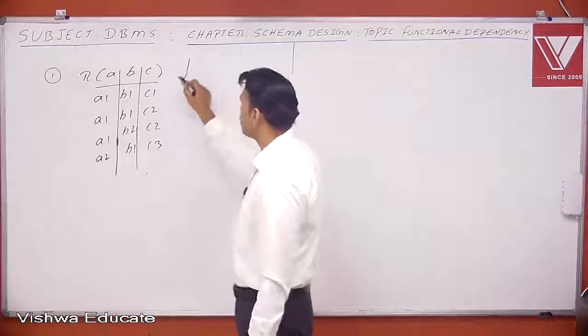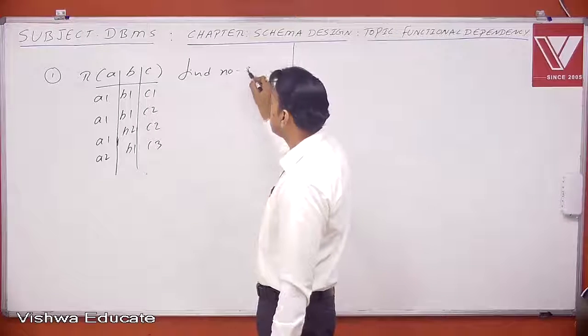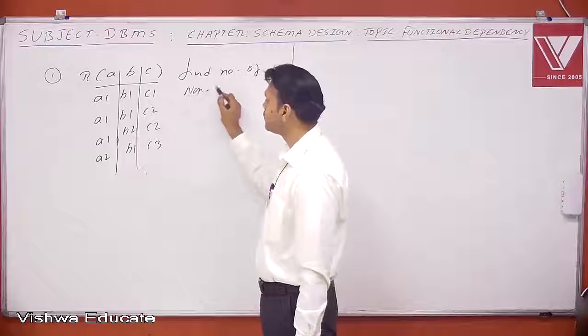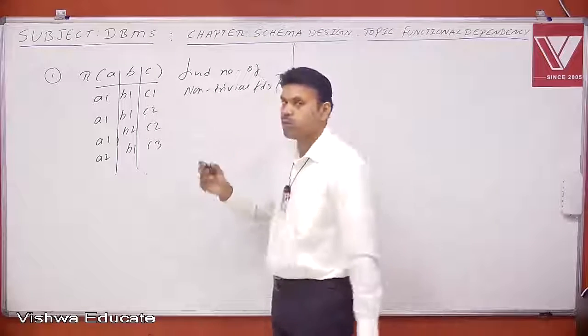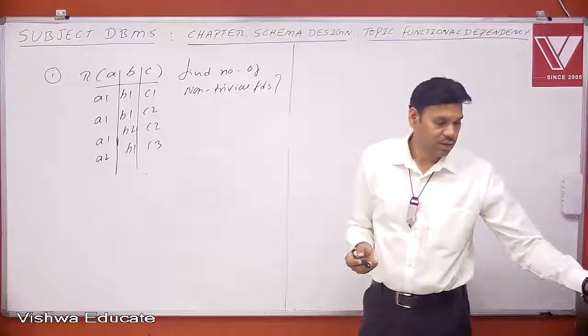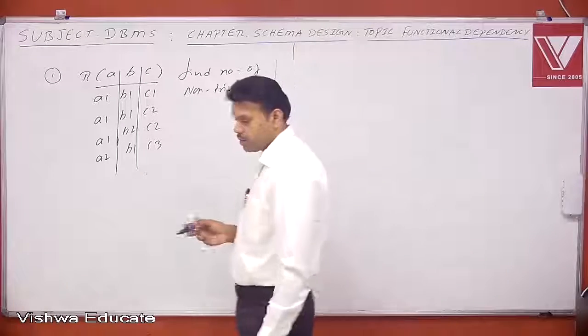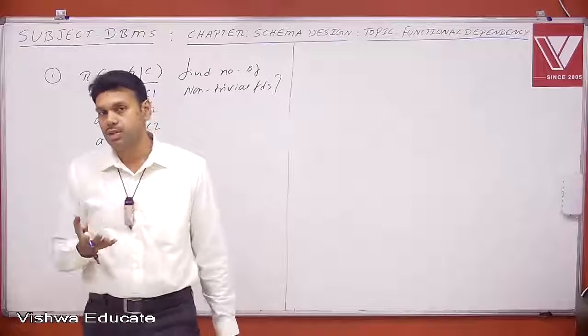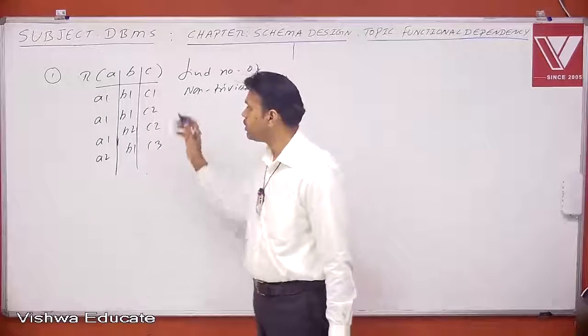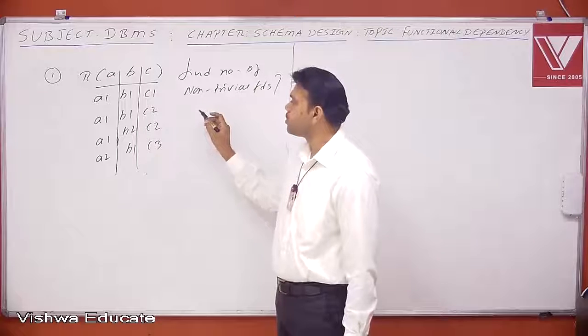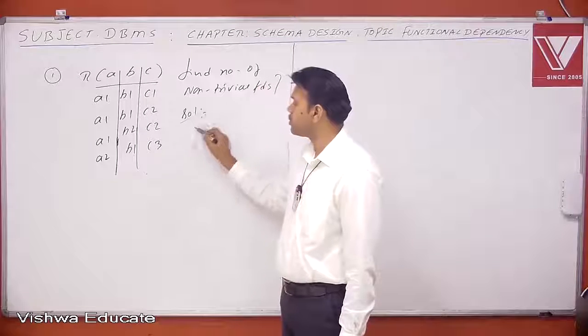Now he is asking to find the number of non-trivial FDs. You know what the meaning of non-trivial is? You need to derive a dependency such that RHS is not part of LHS.